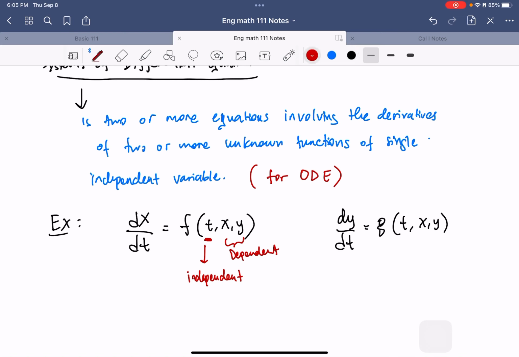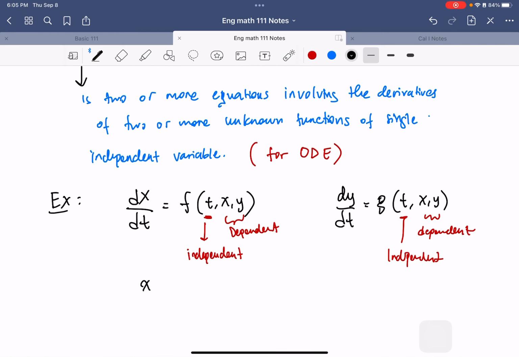Same: this is the independent, these are the dependent. So this means that x and y are dependent and t is independent.